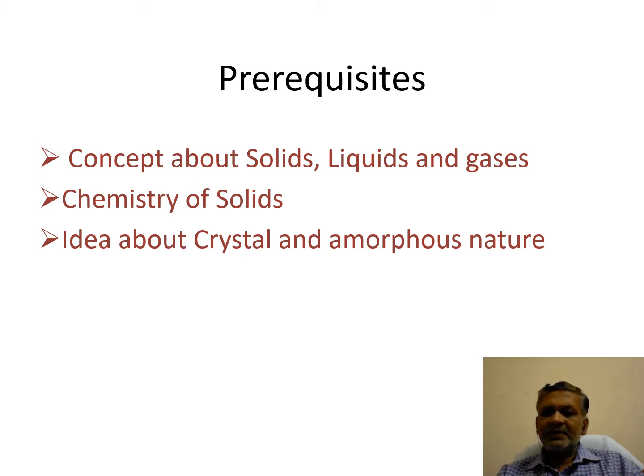Liquids have mass but not a perfect shape; the shape depends upon the container. Gases do not have definite mass, size, or shape. We should also know the chemistry of solids, and have an idea about the crystalline and amorphous nature from the chemistry classes.